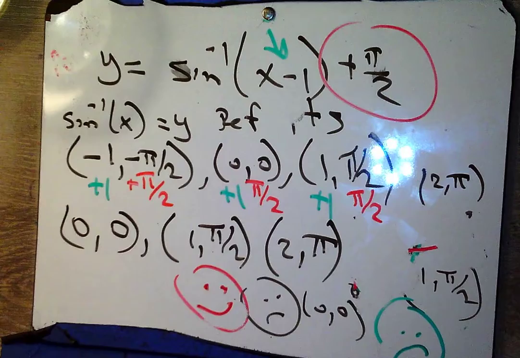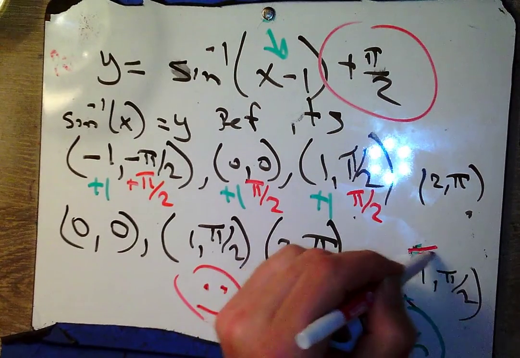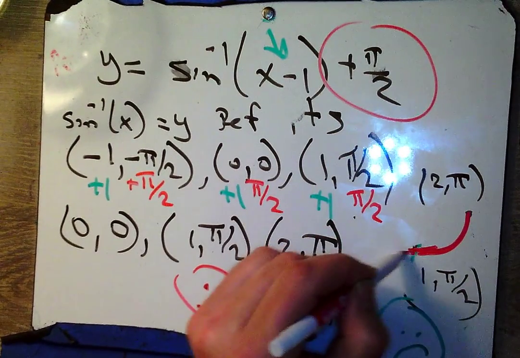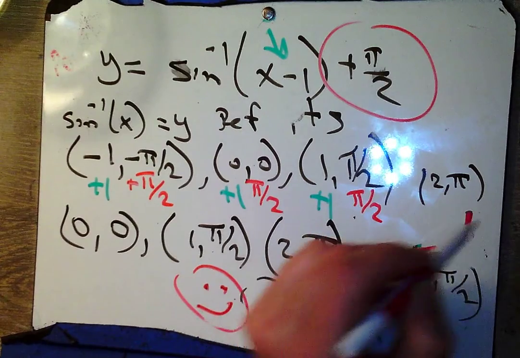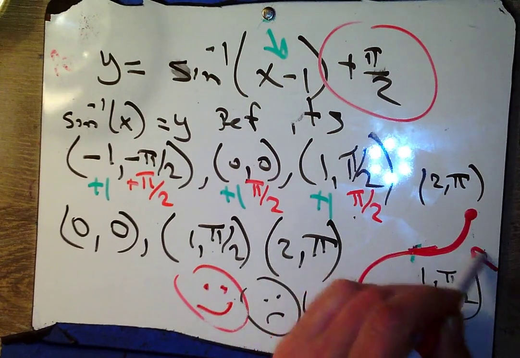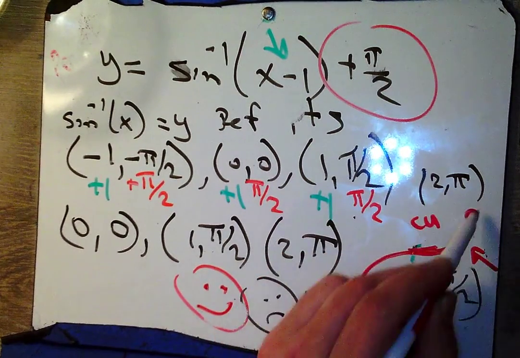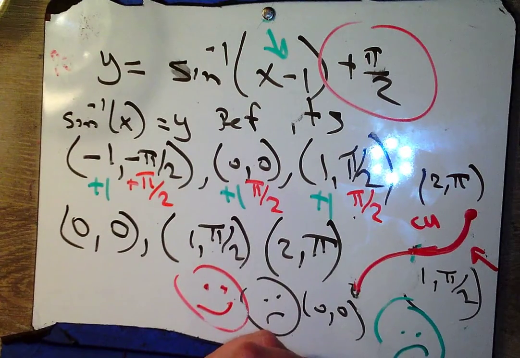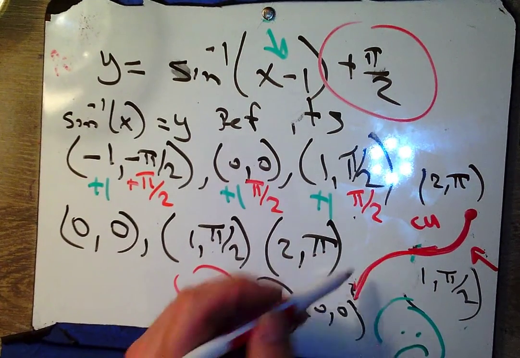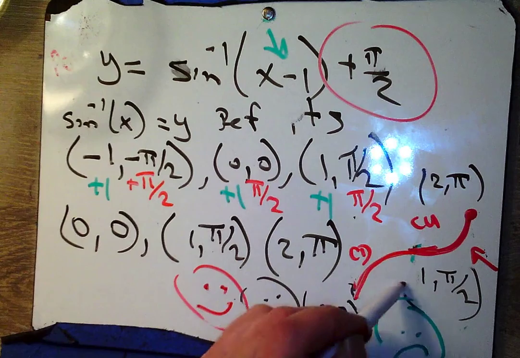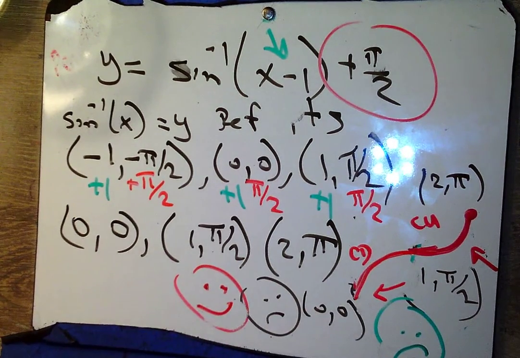And the way they knew that was because inverse trig, inverse sine, inverse cosine are always concave up as we head to that maximum, and concave down as we head to our minimum. Okay?